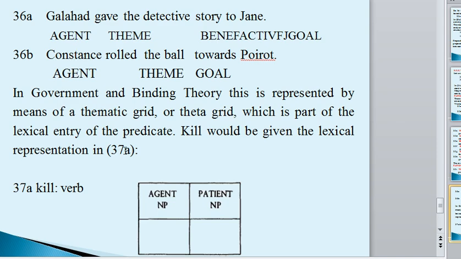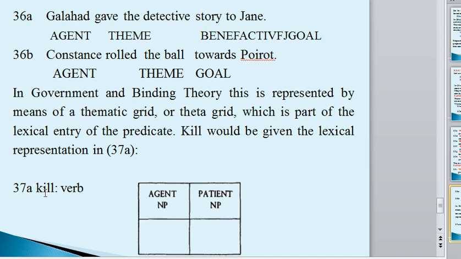In government and binding theory, this is represented by means of a thematic grid or theta grid. We call them theta grid, which is part of the lexical entry of the predicate. For example, the verb kill would be given a lexical representation like this. It needs an agent, NP, and a patient, again NP.